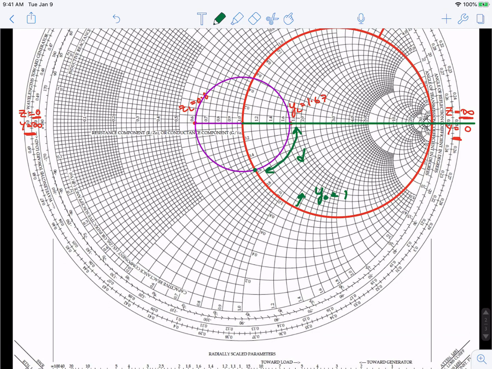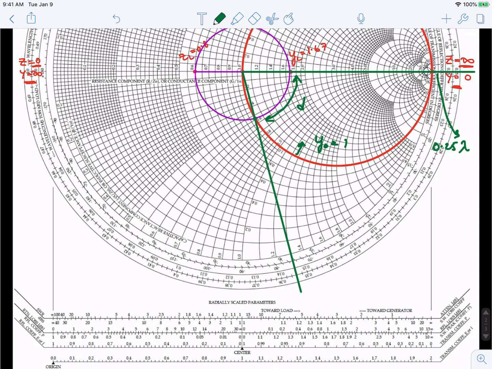So what we do is, we join a line through this and write it here. Here at the load end it is 0.25 lambda. We are moving from the load side to the generator side, so we have to read the outermost circle.